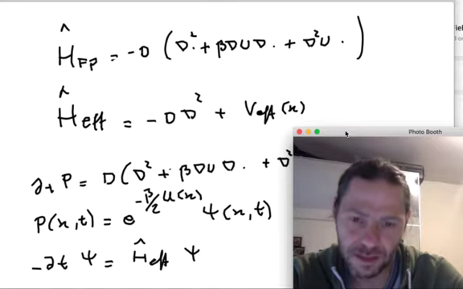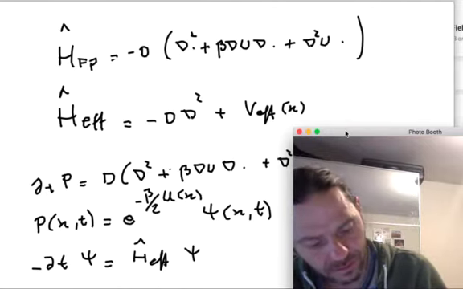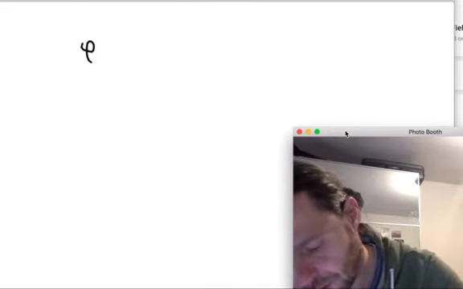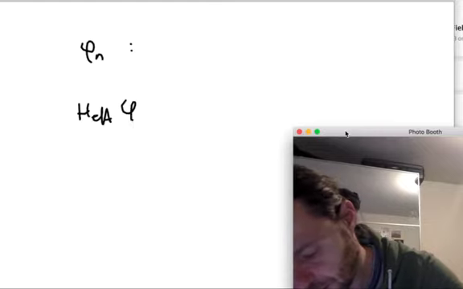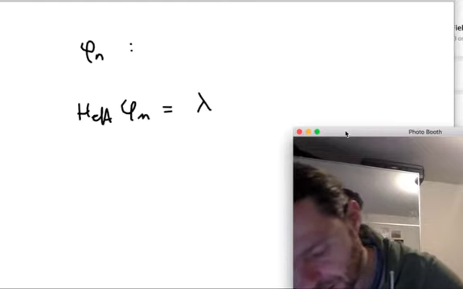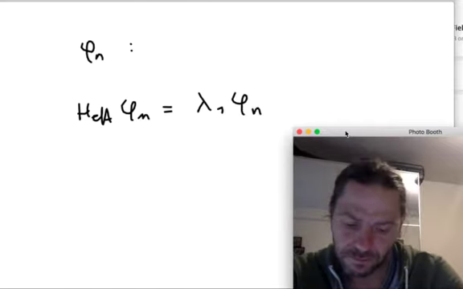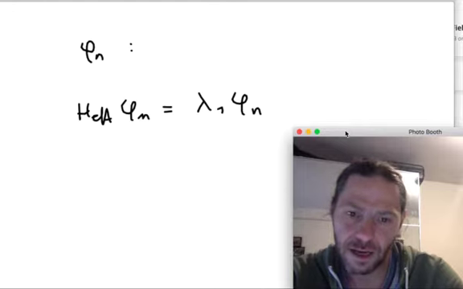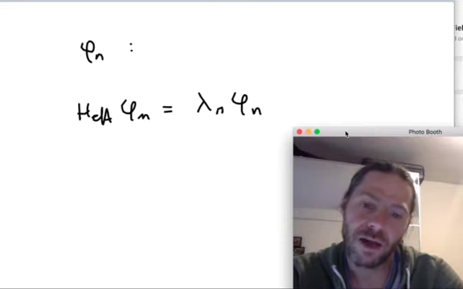Now, suppose we have an eigenstate of this function, right? So we have a function phi n such that h effective on phi n is equal to lambda n phi n. Well, the question is: is it also a right eigenstate?